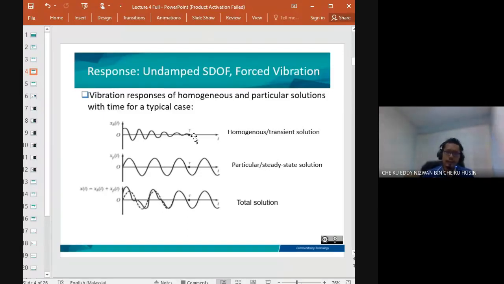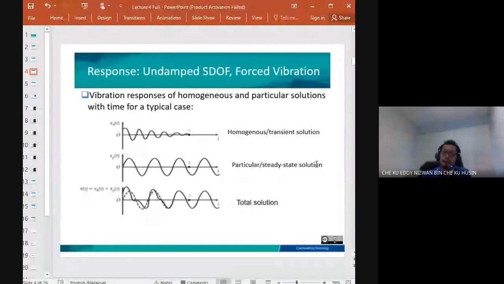Then there is the particular solution, or we can call it the steady state solution. This response comes from the force induced on the system. For example, you induce a harmonic excitation force.